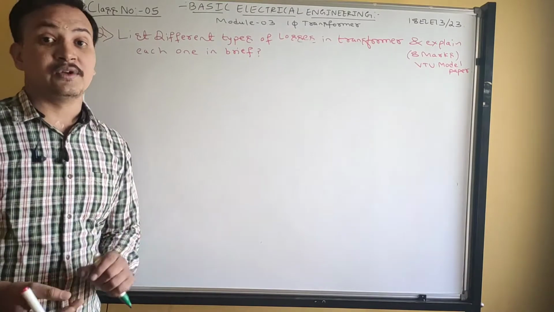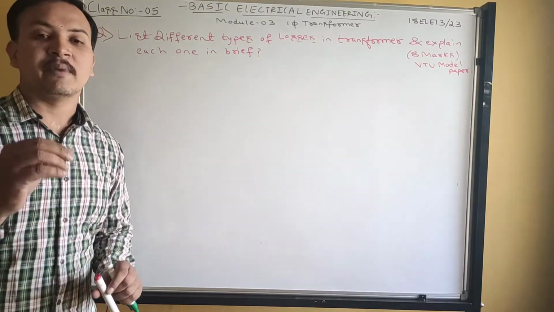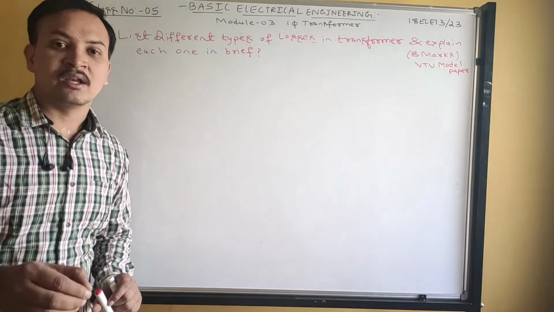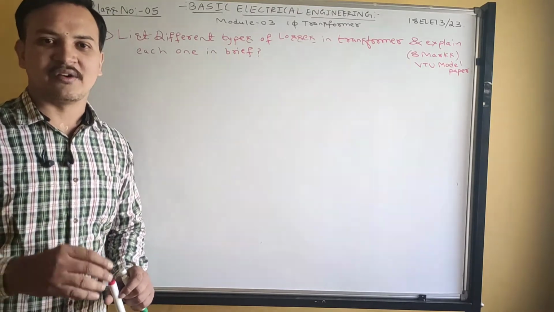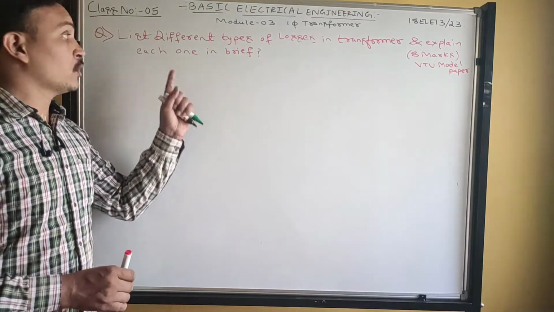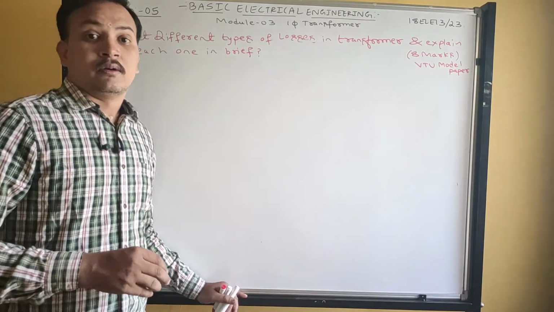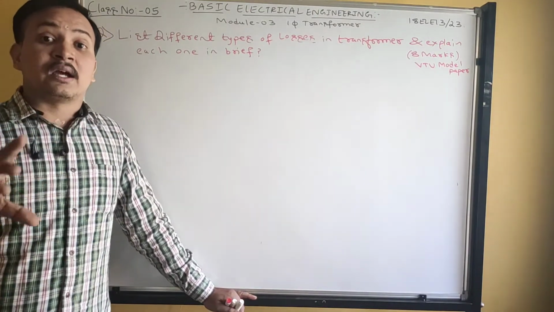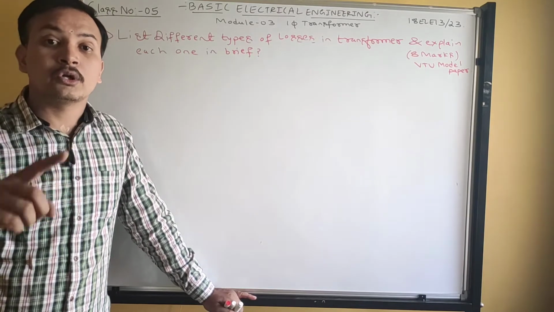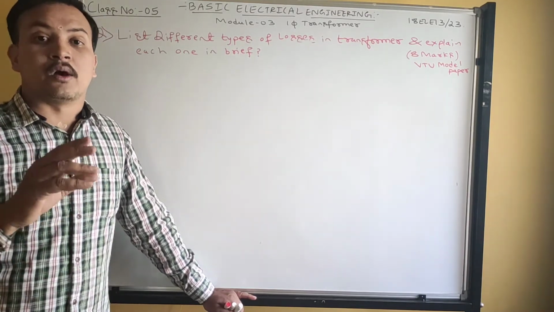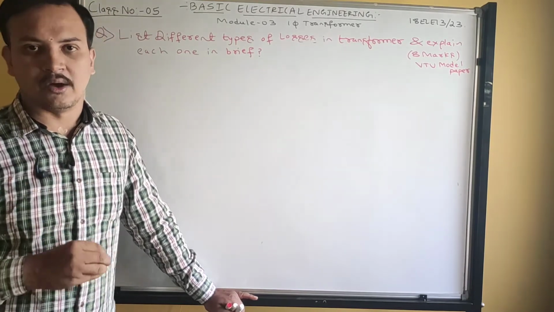Okay, how can we reduce hysteresis loss? We can reduce hysteresis loss by using a ferromagnetic material which has a low hysteresis coefficient, for example silicon steel. And how do we reduce eddy current loss? What do you mean by eddy current loss? The circulating current circulates within the core itself and produces power loss in the form of heat, which is called eddy current loss.